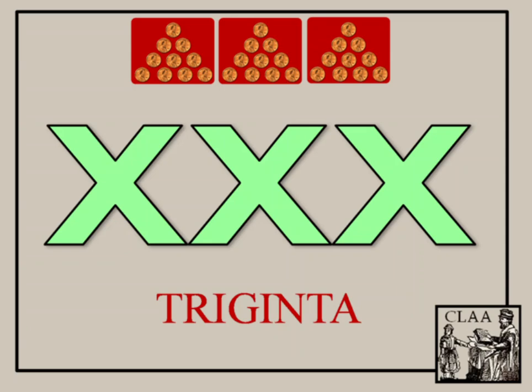We simply count triginta unus, triginta duo, triginta tres, triginta quatuor, triginta quinque, and so on, just as we learned for viginti before. 3 sets of 10, or 30, is triginta.